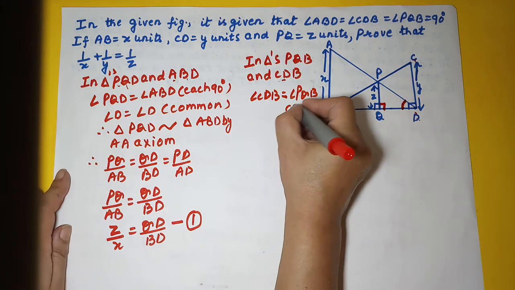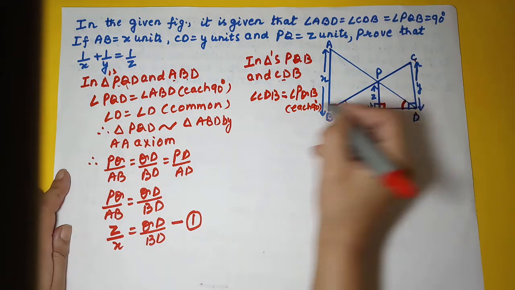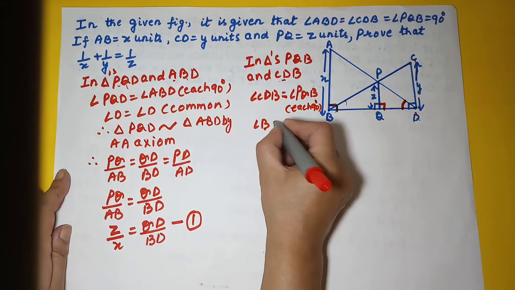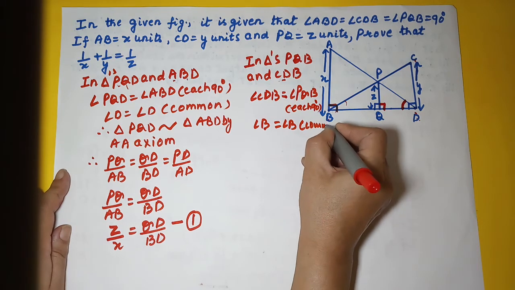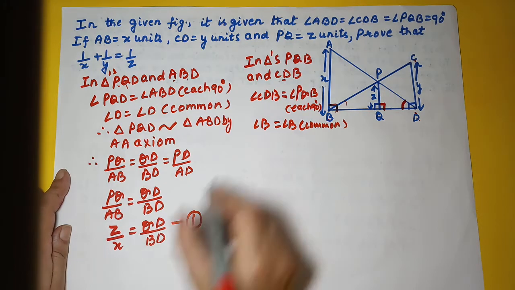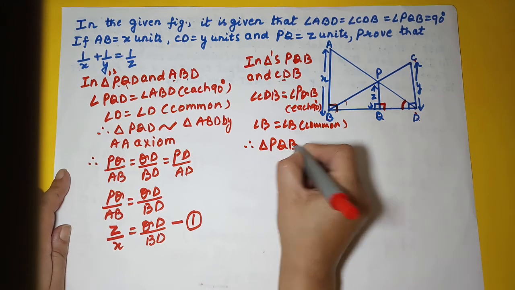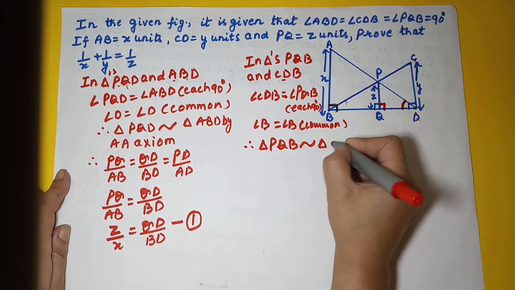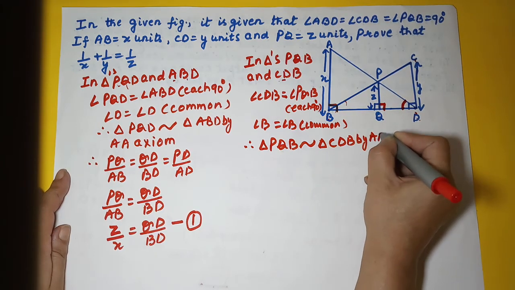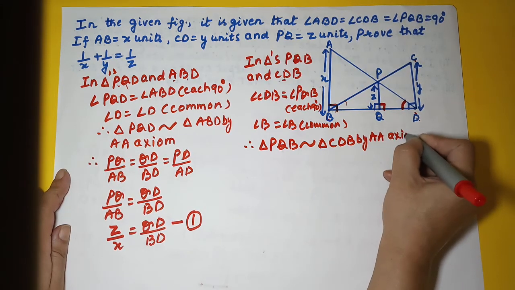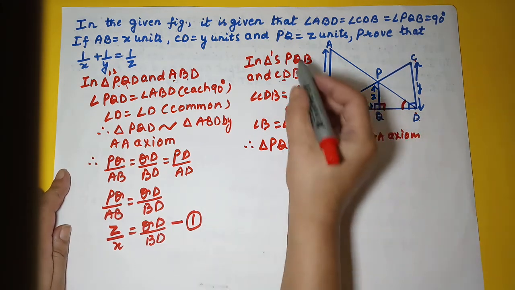Reason, each 90 degrees. Another is you can write angle B is equal to angle B, common in both the triangles, right? Therefore, triangle PQB is similar to triangle CDB by AA axiom. Hence, their corresponding sides will be proportional to each other.